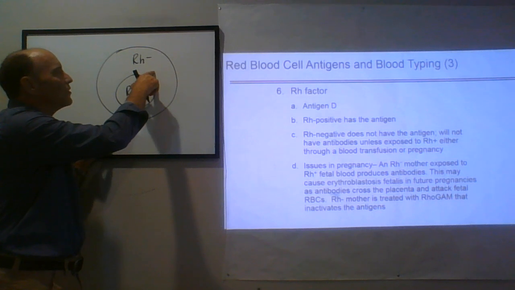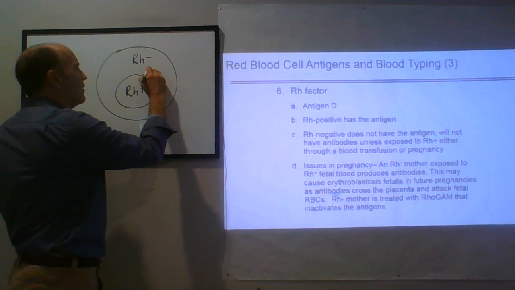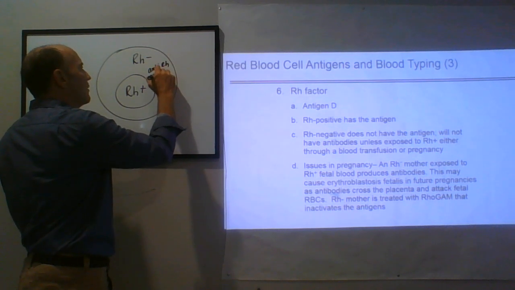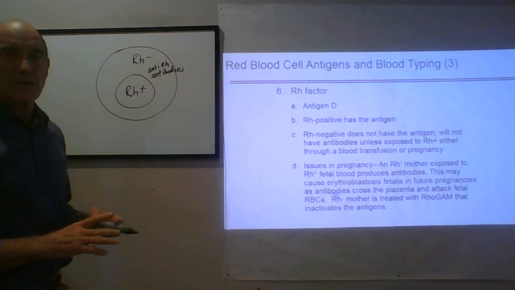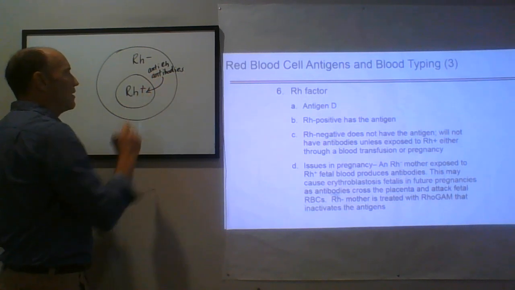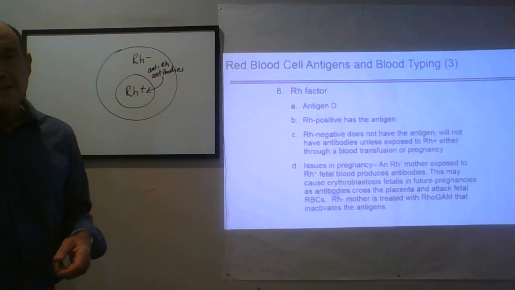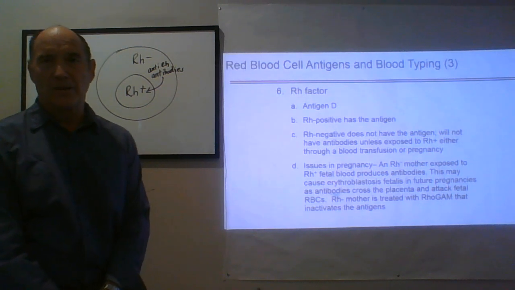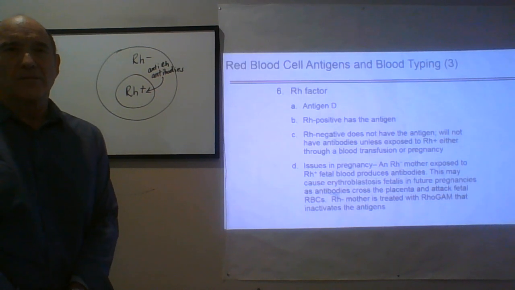So her immune system would respond by making anti-Rh antibodies during the pregnancy. And as those are being produced, they are small enough to cross the placental barrier and they attack the fetus's Rh positive blood. Depending upon when that happens during pregnancy, if it was early on, it could be fatal to the fetus.